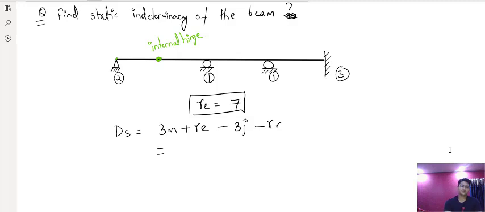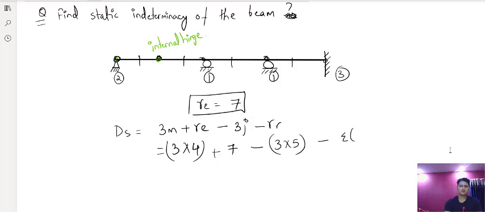So put the values. The number of members is 1, 2, 3, 4, so 4 members, plus Re, the external reactions, which are 7, minus 3 times j. Joints are 1, 2, 3, 4, 5, so the number of joints is 5, minus Rr. The value of Rr is the summation of m dash minus 1. The m dash value will be 2, as 2 members are joining at the internal hinge.